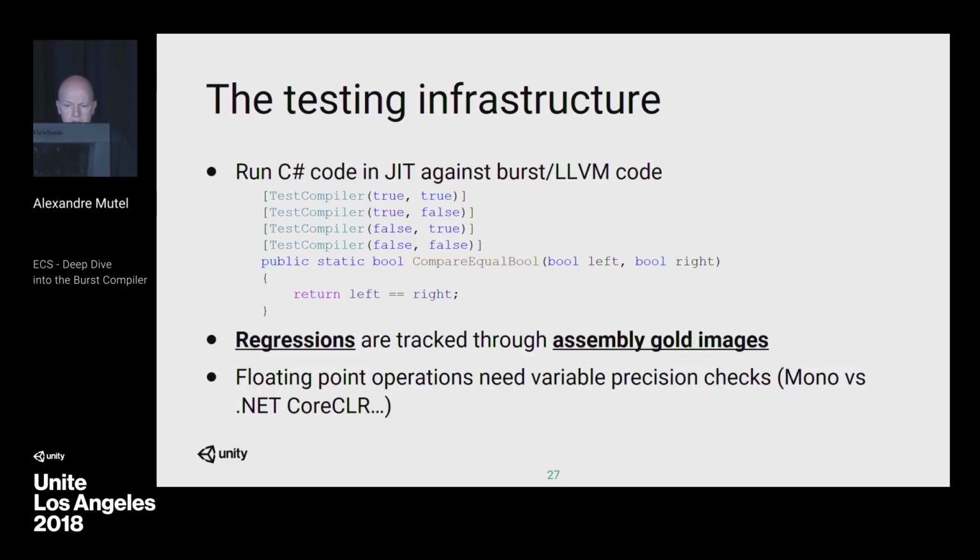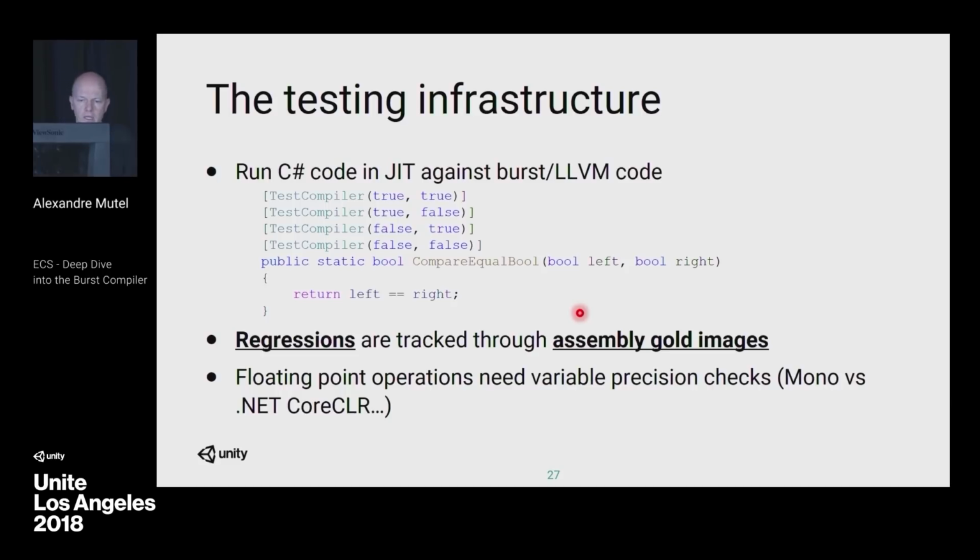How we develop our tests is very simple. We have a bunch of small, isolated C# code. It's a simple unit test, but a little bit customized, so that instead of running some asserts inside your code, we compile our method in C# with the normal JIT and run it, and then we compile it with Burst, run it, and compare the results.